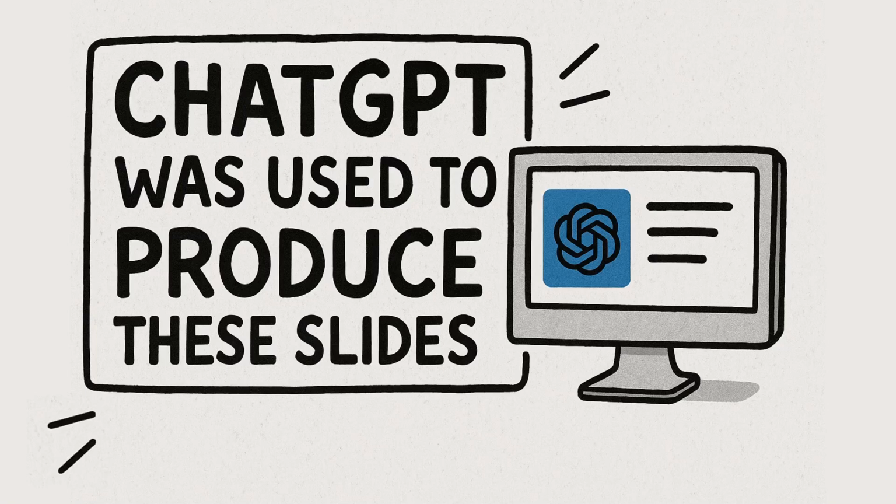To bring this brief introduction to the power of the new image generation technology in ChatGPT running 4.0 to a close, I do need to acknowledge that I worked with ChatGPT as a partner to produce these slides, and indeed all of these sketchnote style images were produced using this new model.